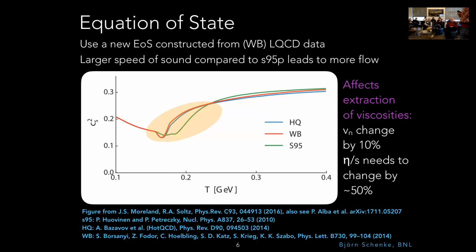The Wuppertal-Budapest is the red, and then the old extracted equation of state is the green one. So you see the speed of sound changes in this region around 200 MeV. And because the speed of sound changes, the v_n change by about 10%. But adjusting v_n by 10% means you adjust your eta/s by almost 50%.